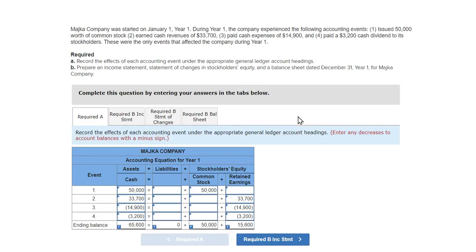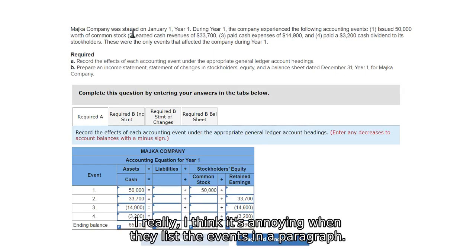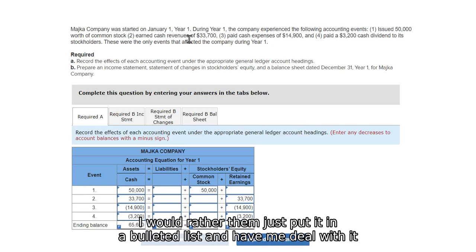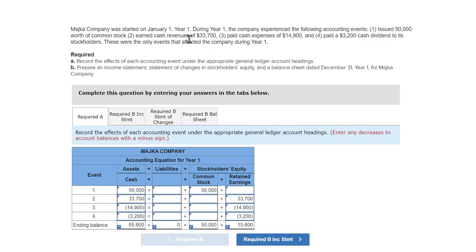So here we go. All right, so January 1, year 1, the company experienced the following accounting events. I think it's annoying when they list the events in a paragraph. I would rather them just put it in a bulleted list and have me deal with it then, because that way I don't miss anything. Okay.